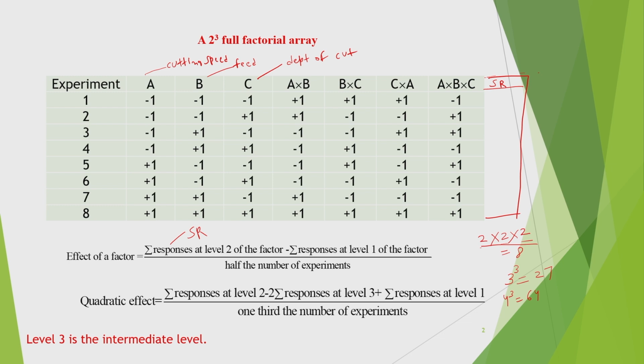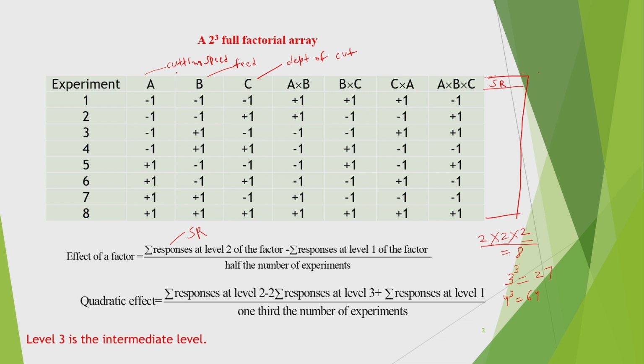Now if we make this type of table, let us say we have made a table of only the linear effect, then the effect of a factor can be said to be the response at level 2 of the factor minus the response at level 1 of the factor, divided by half the number of experiments. So what does it mean?